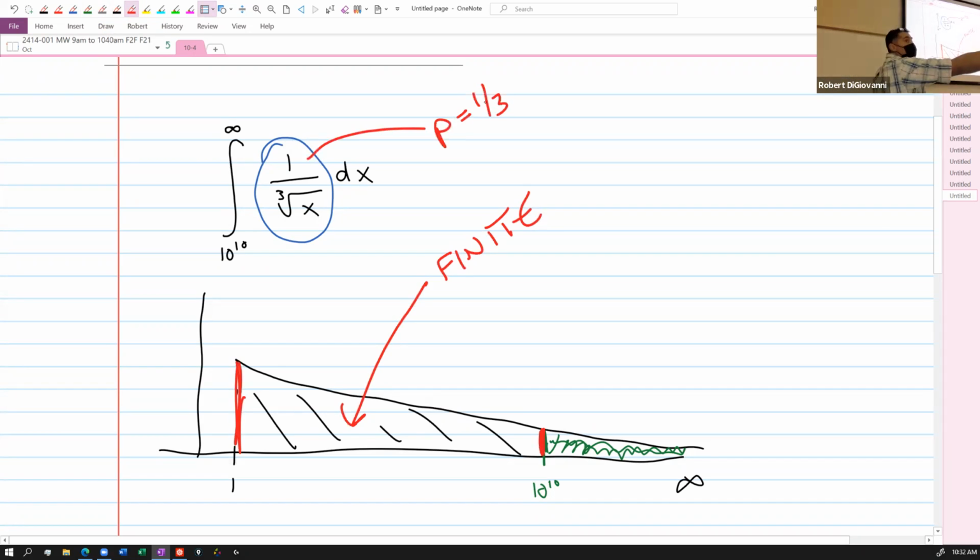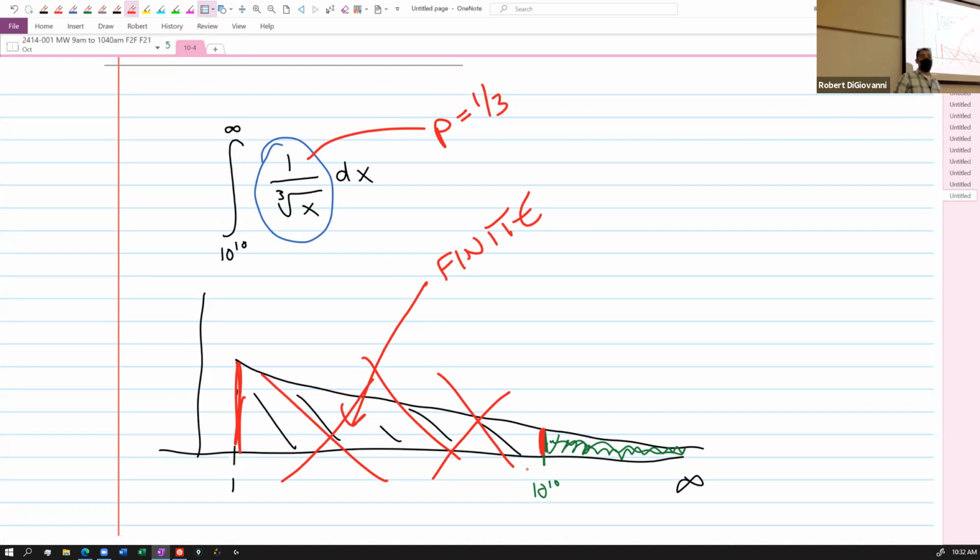It's an infinite area. So if I take something that's infinitely big and I cut out a finite part of it, the rest of it is still infinite. You can remove a finite amount from an infinite something and still have an infinite amount. Does that make sense? So this should still diverge.